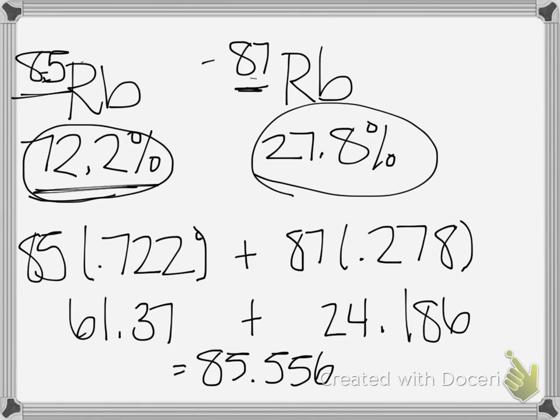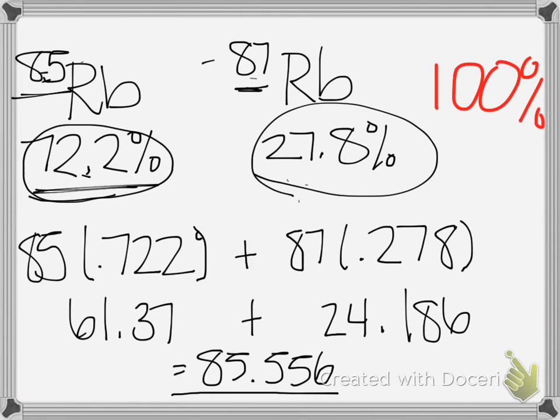There is no rubidium, according to this problem, that is less than 85, and there is no rubidium, according to this problem, that is greater than 87. So if you're getting an answer that is less than 85 or greater than 87, then you did something wrong. Because if you total these two numbers, 72.2 plus 27.8, you get 100%.